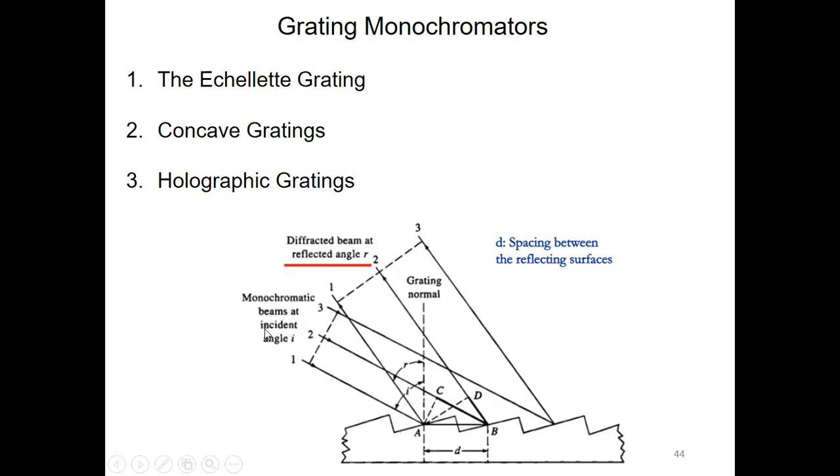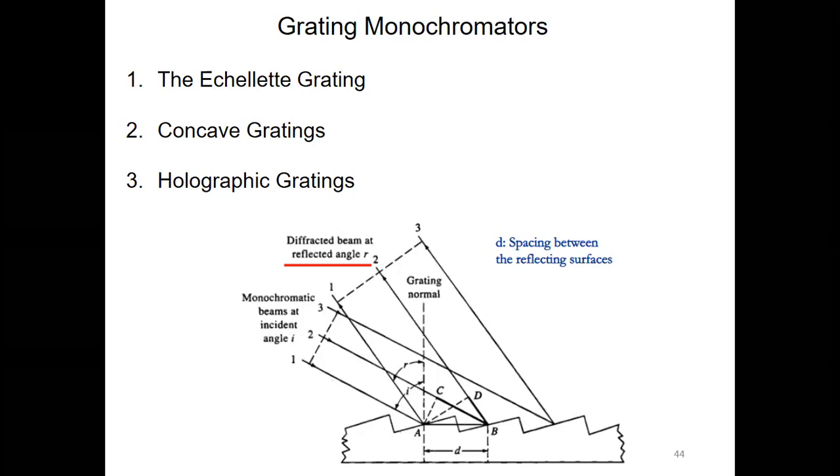The incident light comes here and it will diffract at different angles, and because of that diffraction, we will get different wavelengths, right? The grating monochromator examples are Echelle grating, concave grating, and holographic grating. Those are three examples of gratings that can be used in the monochromator, and the function is different.